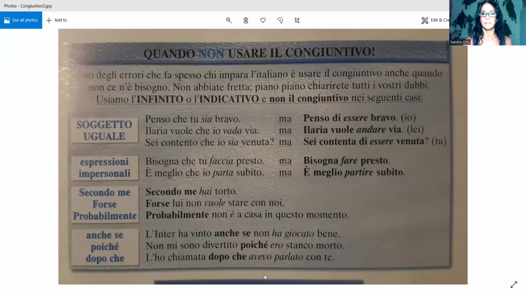And then we are going to look at something else, which is, I believe, this one. Yes. So we have learned when to use congiuntivo. Now let's see when not to use the congiuntivo. So when you should not get carried away.